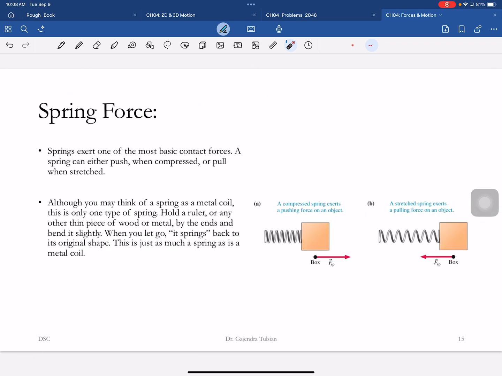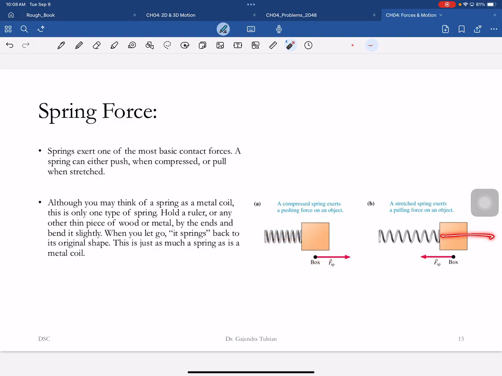Okay. Spring forces, so you've all seen springs. If you compress the spring, it will exert a force in that direction. And if the box is attached to the spring and you pull on it, the spring will pull you back. Okay. So what does the spring do? It exerts forces such that it's trying to get back to its original shape. If you compress it, it'll push you.